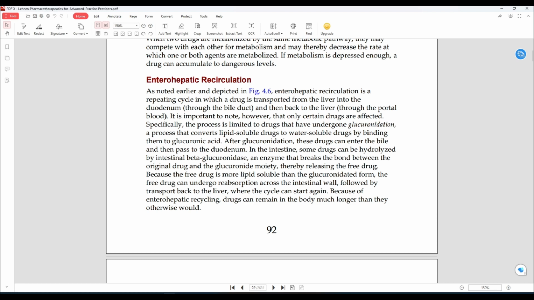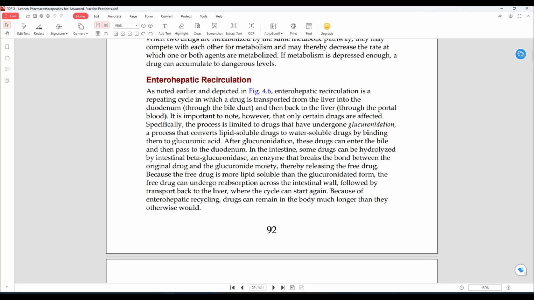In the intestine, some drugs can be hydrolyzed by intestinal beta-glucuronidase, an enzyme that breaks the bond between the original drug and the glucuronide moiety, thereby releasing the free drug.